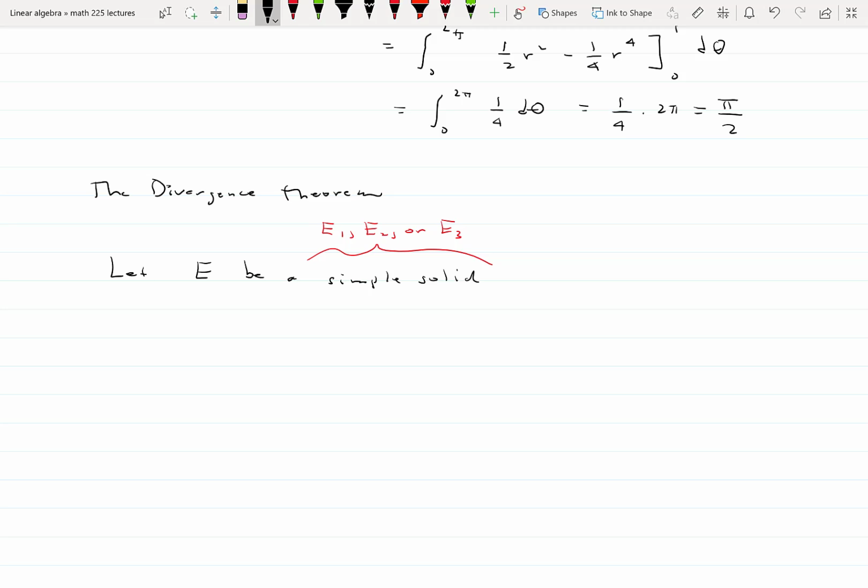And let S be the boundary of E, given with positive, outward orientation.